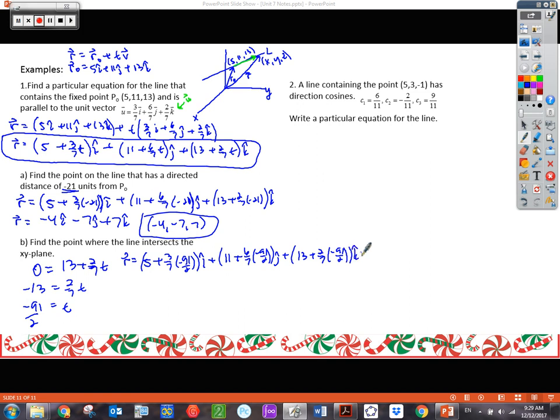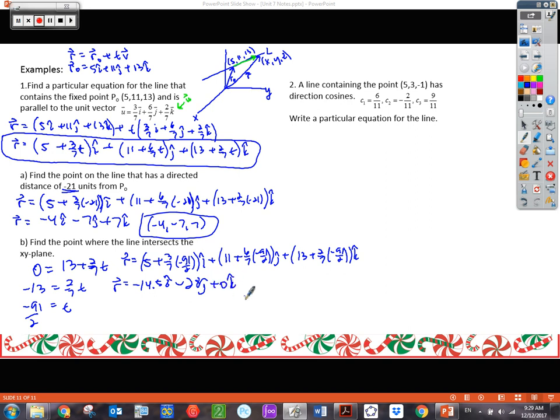So we use our calculator, we do all that number crunching, and we get our vector to be negative 14.5 i minus 28 j plus 0k.